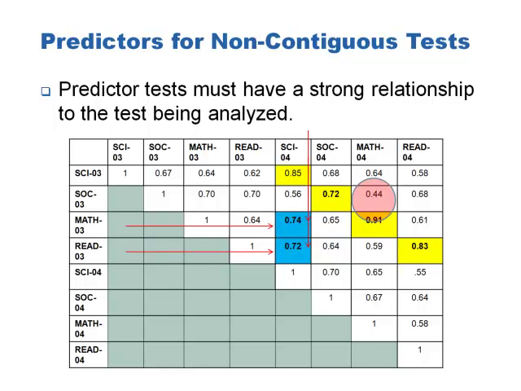Math 2010 is also a good predictor of science 2011, 0.74. And we find that reading 2010 is also a good predictor of science in 2011, 0.72. Therefore, it makes sense to use reading and math as predictors.